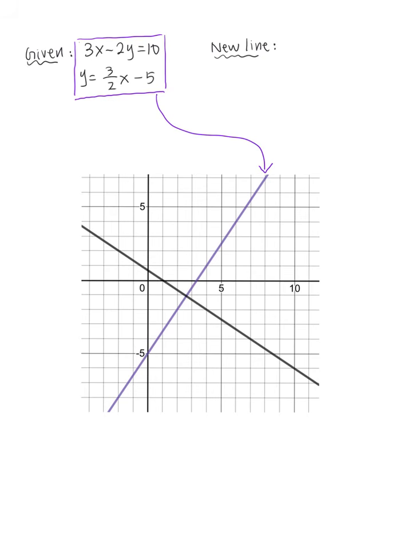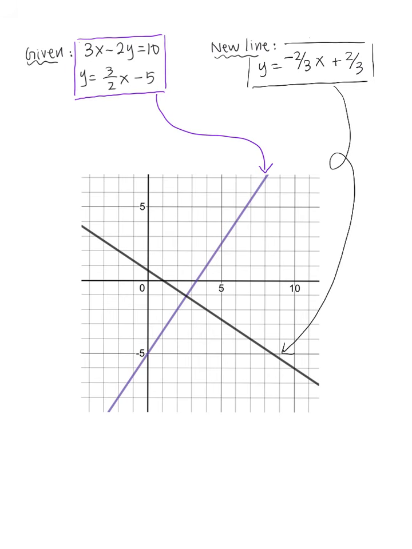Now, the equation of the new line that we got is y equals negative 2/3 x plus 2/3. So I graph this out, and then that is precisely this black line. Notice that, yes, they do intersect at a 90-degree angle.